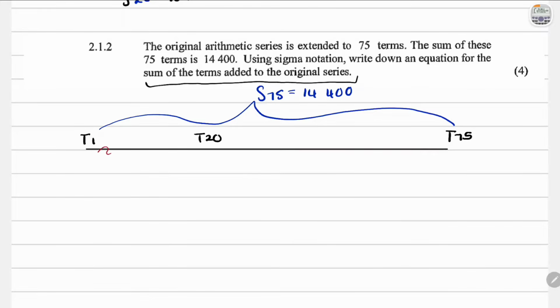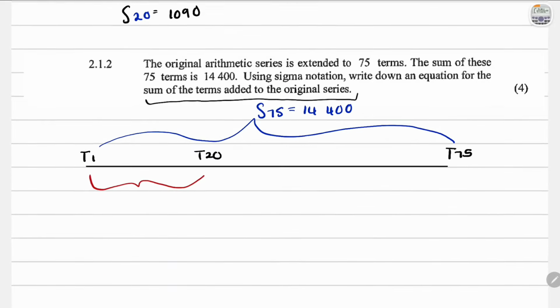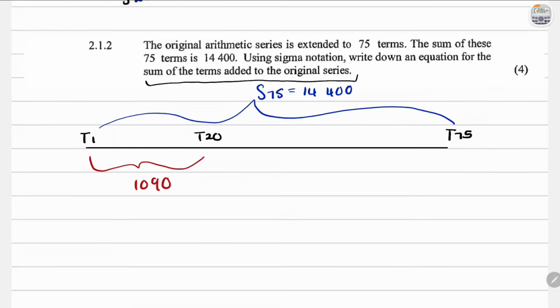If there were originally 20 terms and you knew that the sum of those 20 terms that we found was 1090, so if we know that this is the sum of the 20 terms, how do we know what was added to get the total sum of 75 terms? Well, we would actually have to find the remaining part that we have not expressed. And we can find out how many terms there are here.